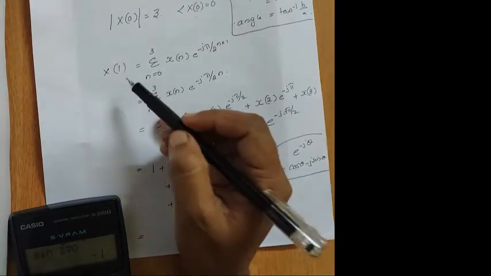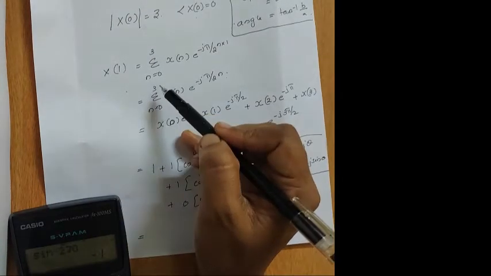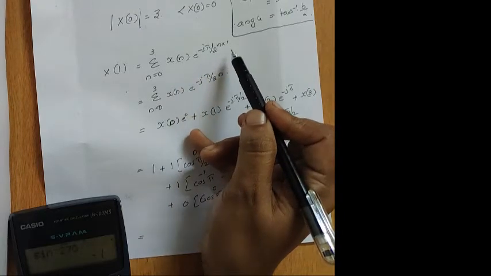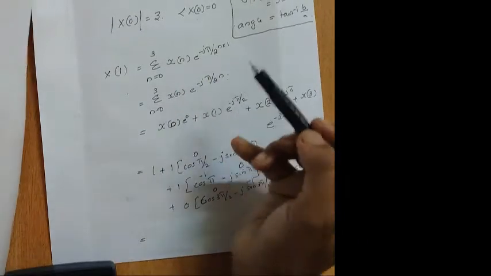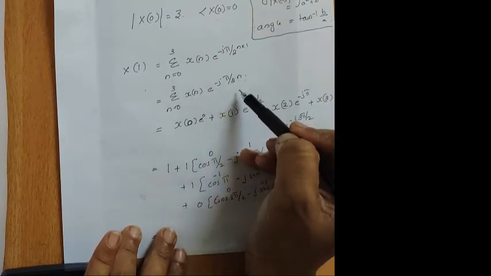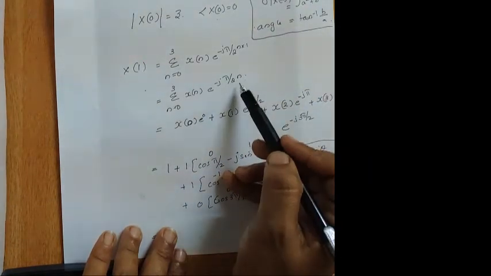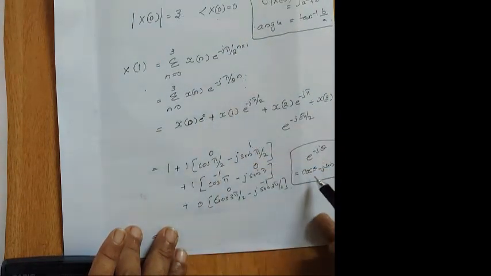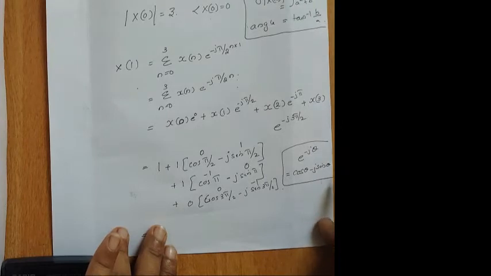Okay, next you are substituting 1 over here. Summation n equal to 0 to 3 of x of n e raised to minus j 2 pi n into k, where k is equal to 1. So you will get e raised to minus j pi by 2 n. What do you mean by e raised to minus j theta? That is cos theta minus j sin theta.